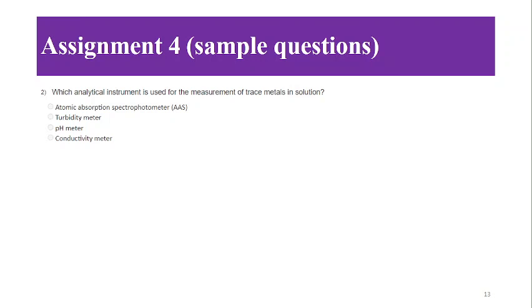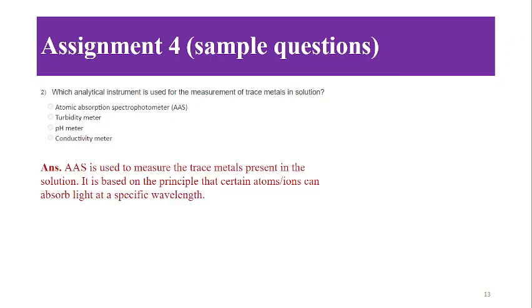In the atomic absorption spectrophotometer, atoms in the flame absorb radiation, and the transmitted radiation reaching the detector is used to find out the trace metals present in the solution.